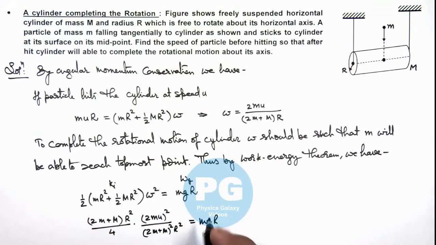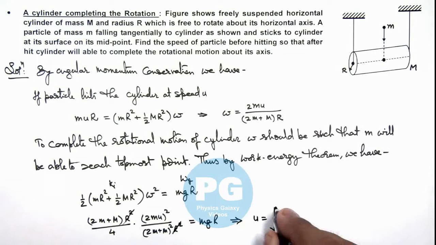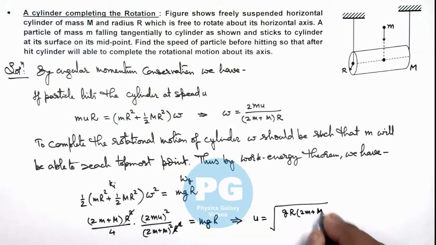In this expression, this r square gets cancelled out and the 4 also gets cancelled out. So simplifying this, we get the value of u. Here the value of u would be, in this equation, the square root of gr multiplied by (2m plus capital M) divided by small m. That is the result of this problem.